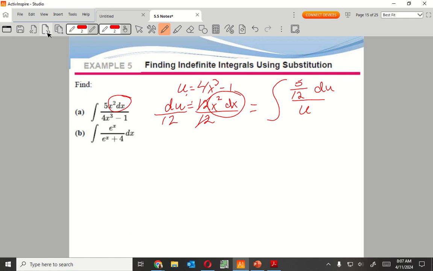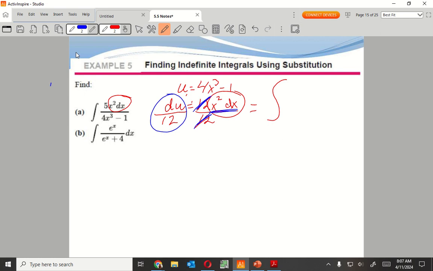Okay, so I'll back up slightly. Are you okay with my x squared being gone? I'm just wondering where the 12 is in the du over 12 thing. See this right here? I got rid of this because I want just x squared dx.